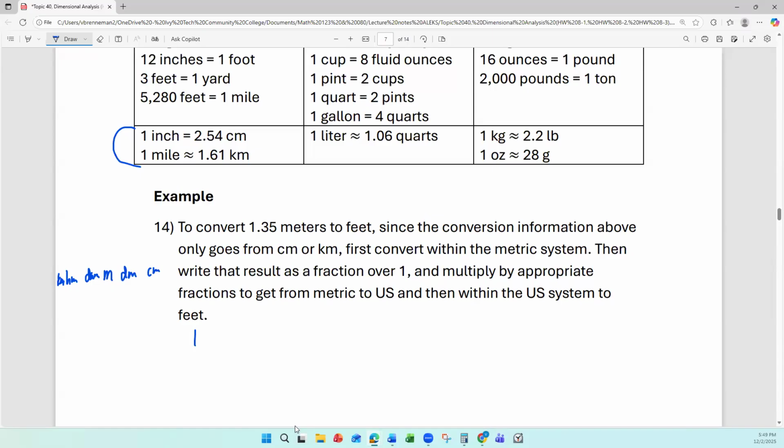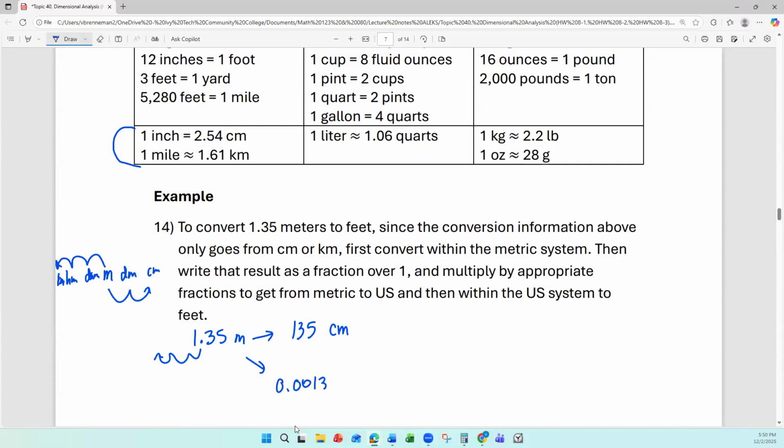So I can go 1.35 meters becomes 1, 2 to the right, 135 centimeters. Or I could go 1, 2, 3 to the left and get 0.00135 kilometers.